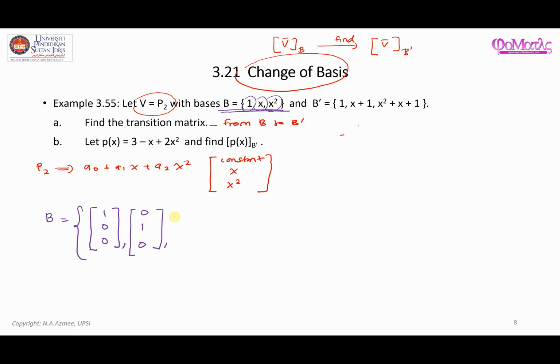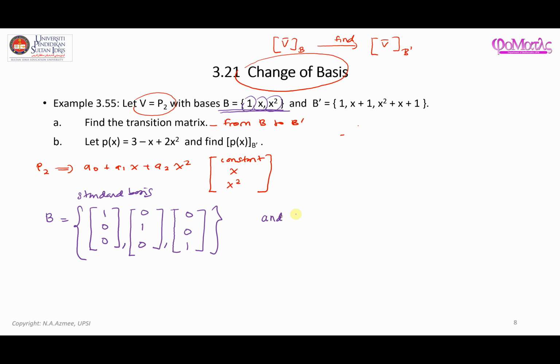And then x squared means you have 0, 0, 1. So in other words, what we have here is the standard basis. You can see clearly we have a 1 in the first position and the rest all 0, a 1 in the second position and the rest all 0, and finally a 1 in the last position and the rest all 0. So you get the standard basis.